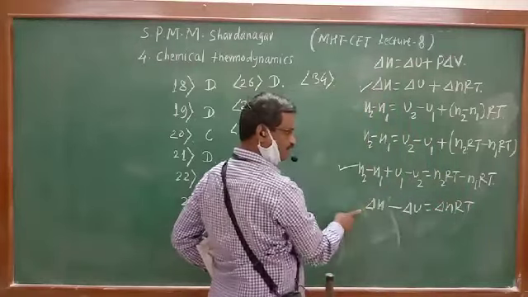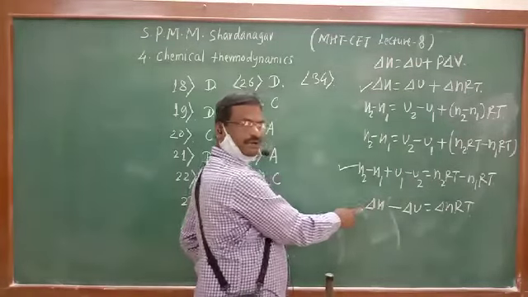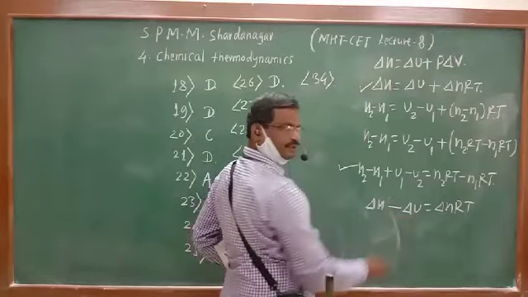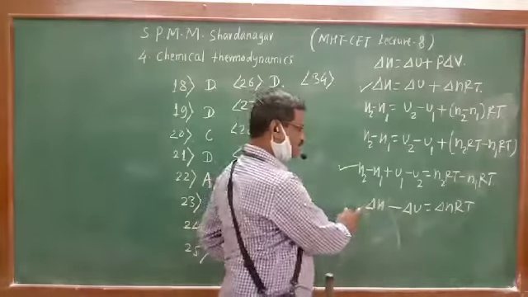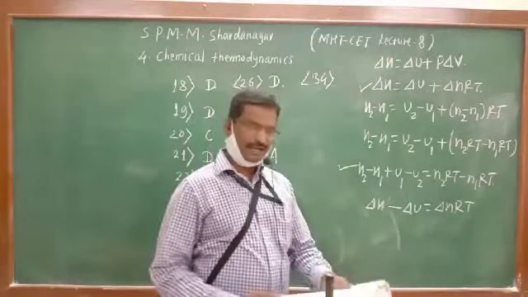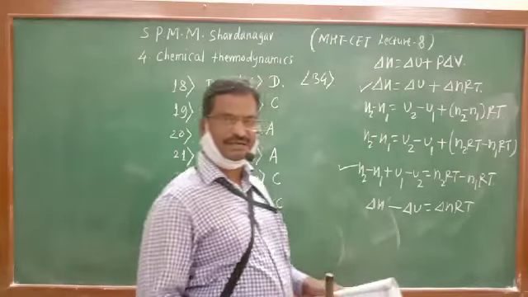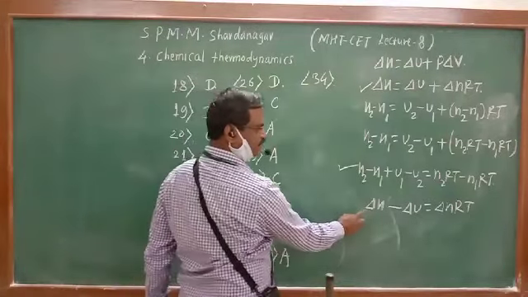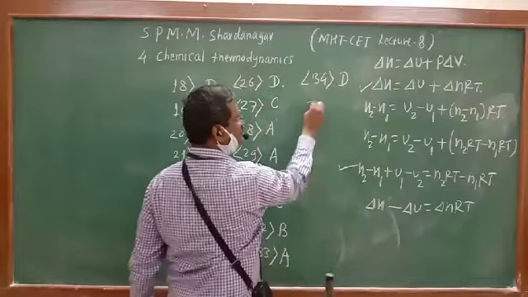Here delta H is the heat of reaction at constant pressure and delta U is the heat of reaction at constant volume. So this is the relation between enthalpy of reaction at constant pressure and at constant volume. Which equation is correct? They have given 4 options, in which this is option D. So the 4th option is correct.